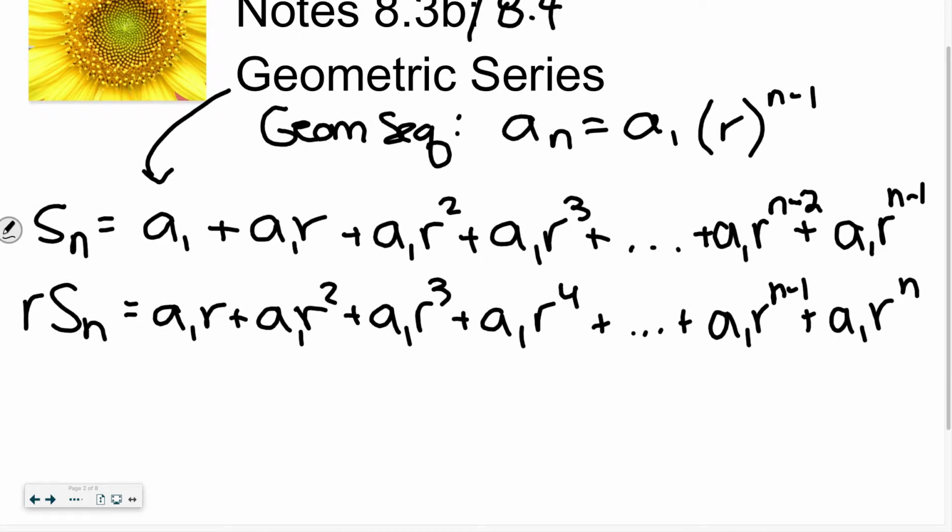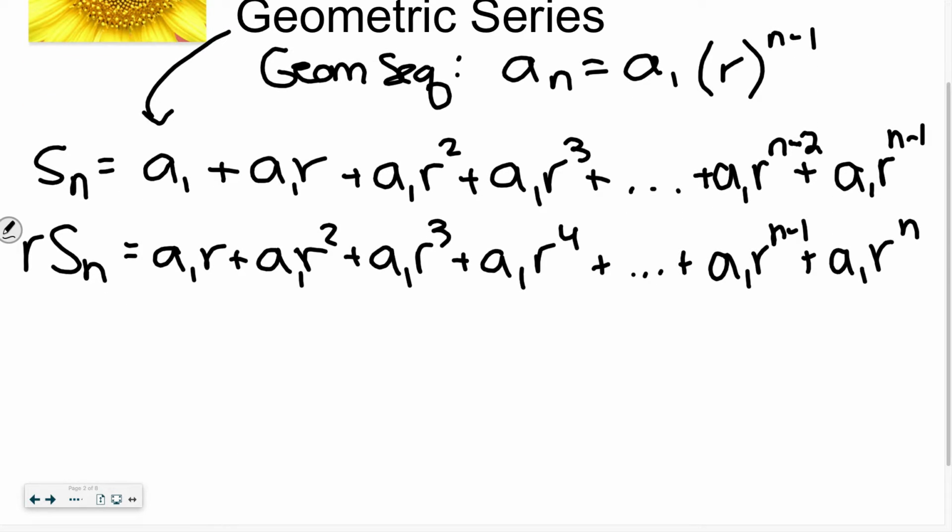Okay, when you're solving systems of equations, you can solve through substitution or elimination, and these are kind of set up nicely for elimination. Okay, but what we want to do is have things cancel. So do you see like some of your terms match? Like you have an a sub 1 r in the top and you have an a sub 1 r in the bottom.